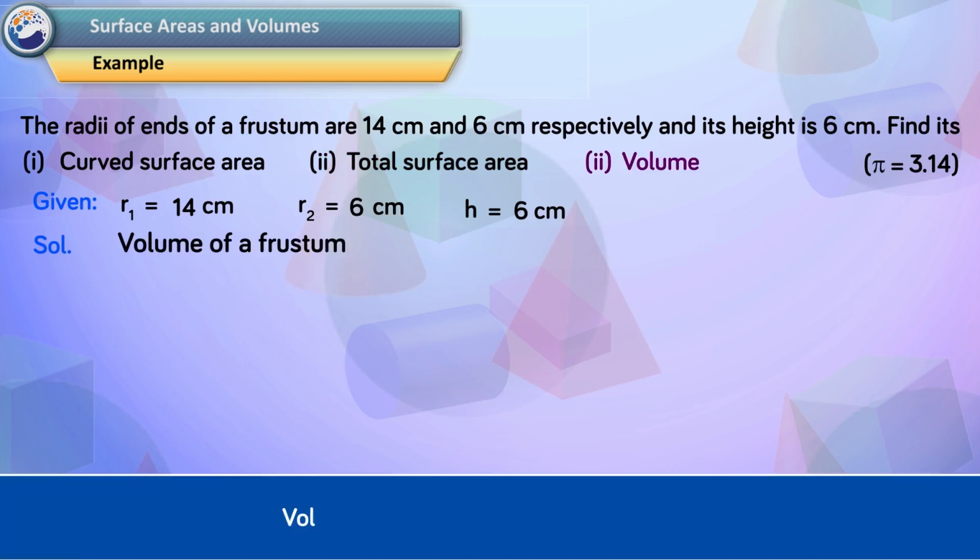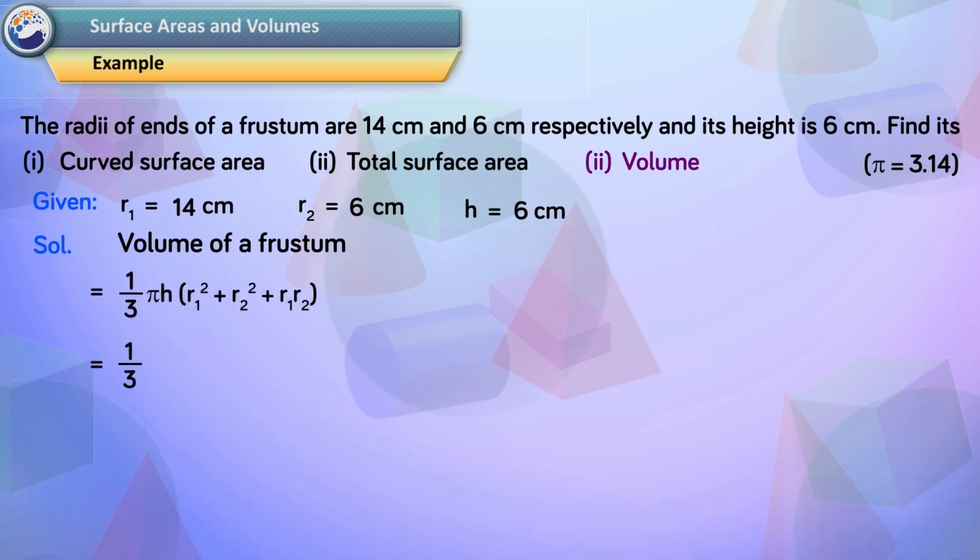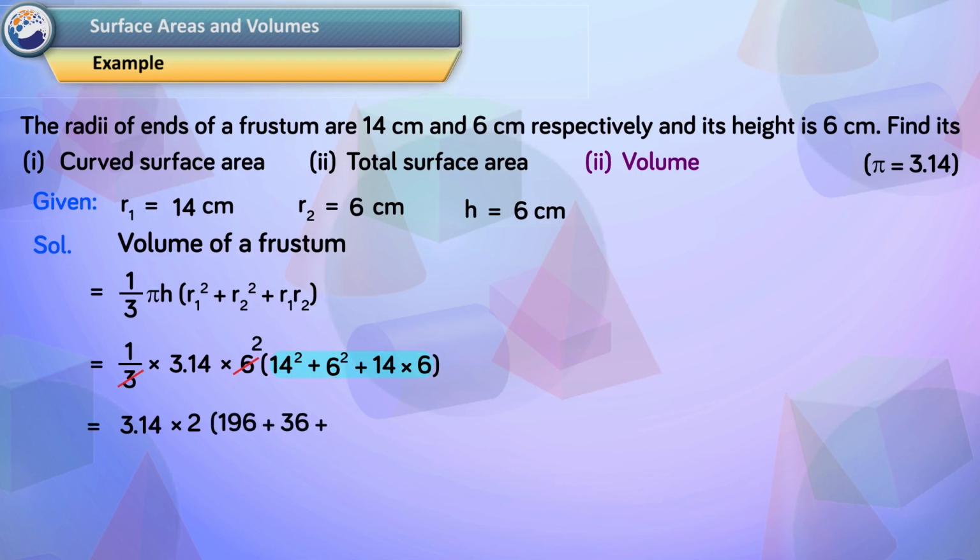Volume of a frustum is equal to 1/3 πh (R1² + R2² + R1R2) = 1/3 × 3.14 × 6 × (14² + 6² + 14 × 6) = 3.14 × 2 × (196 + 36 + 84).